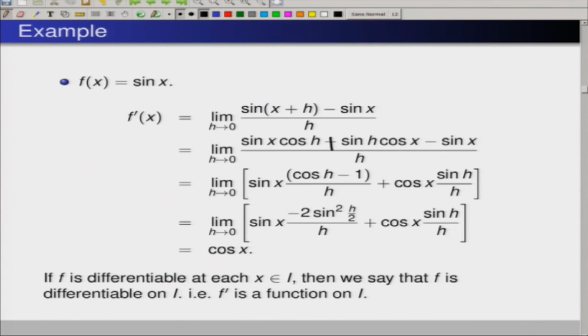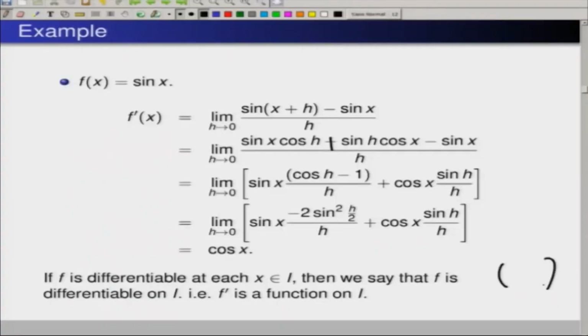So, now what we are saying is that for the function sin x, the domain is R and it is differentiable at each and every point of R. Similarly, suppose f is defined on an interval I; we say that f is differentiable on the entire interval I if for each x, f prime of x exists.